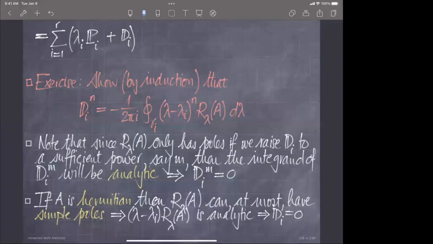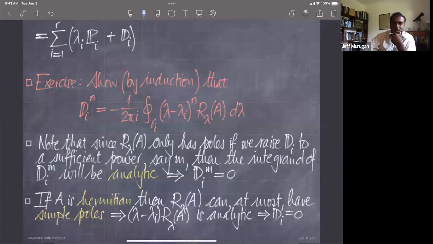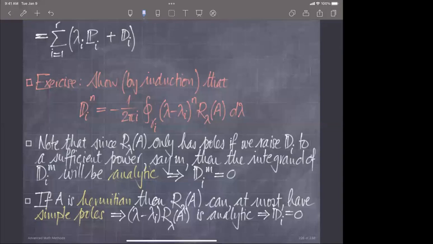Right. So we couldn't raise it to a power such that we still have poles in the denominator, causing it to be not analytic. If we don't raise it to a sufficient power, we won't be able to show that it's analytic.